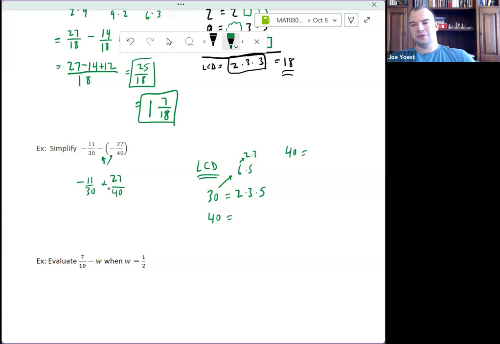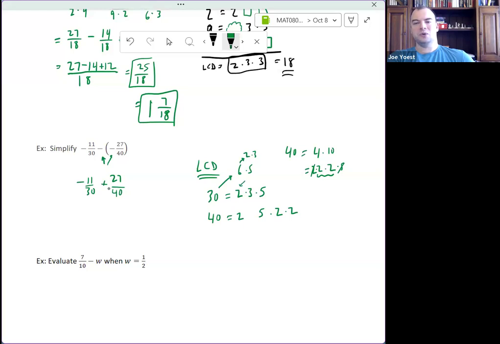And 40 is like 4 times 10, maybe an easy way to break it up. 4 is 2 times 2, 10 is 2 times 5. So 40 has one factor of 2, which I'll write under the factor of 2 belonging to the 30. It has one factor of 5, and it has two more factors of 2.